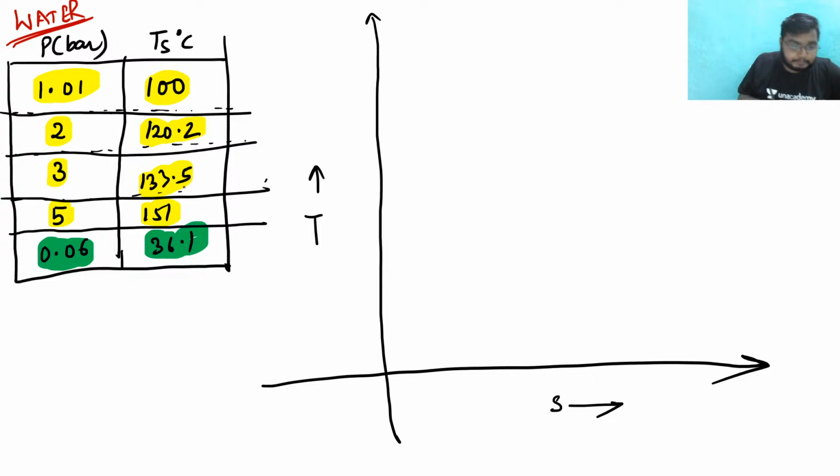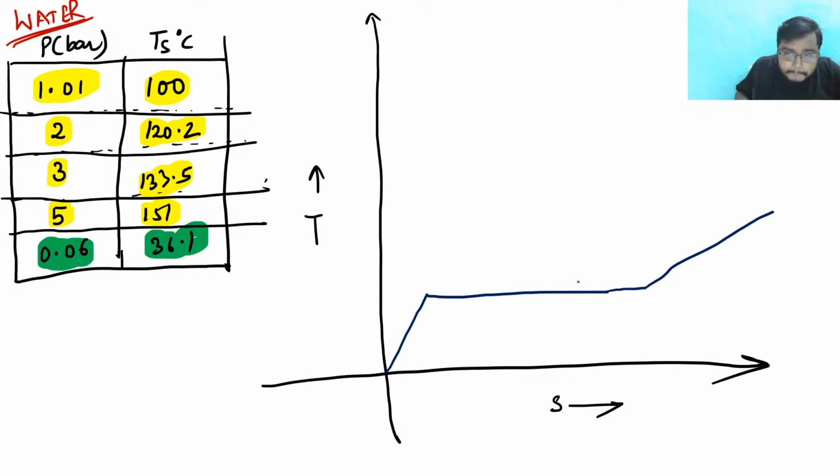Now see, when my pressure is 1 bar, temperature is 100 degrees Celsius. So suppose this is 100 degrees Celsius.